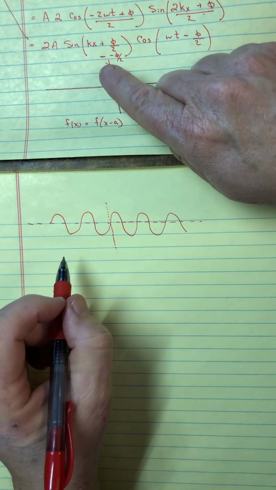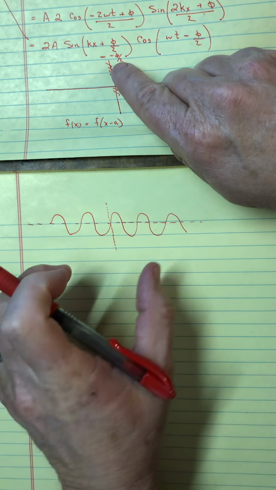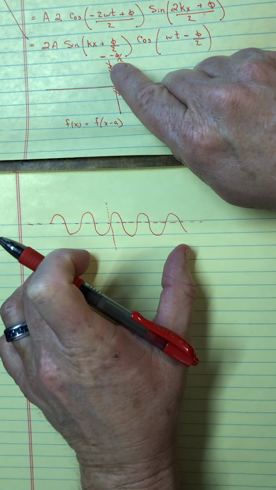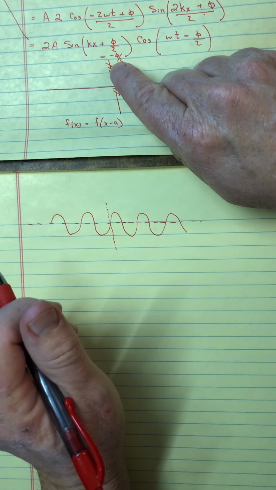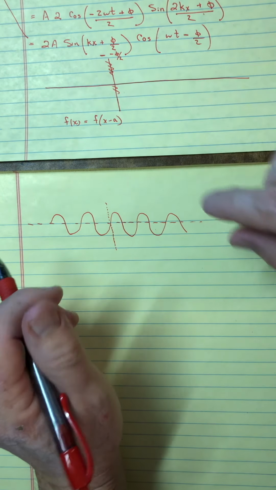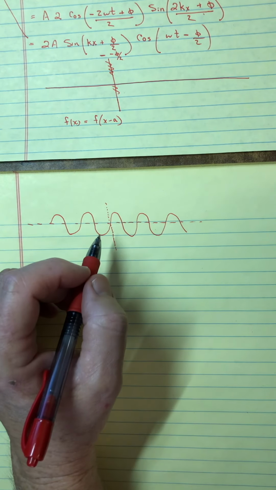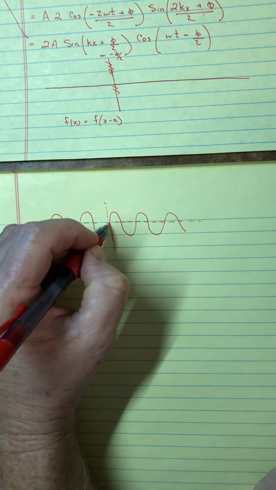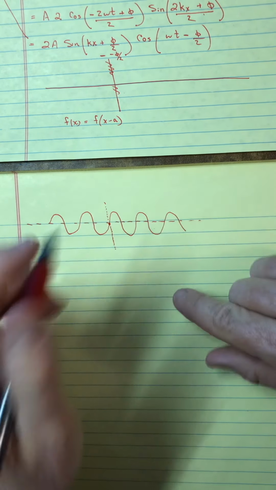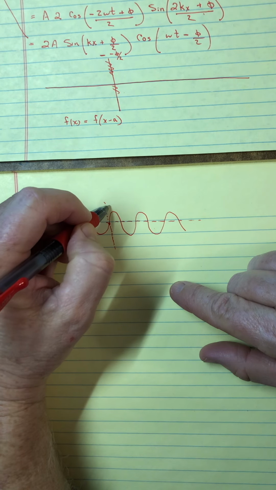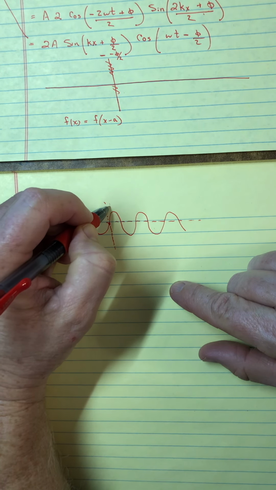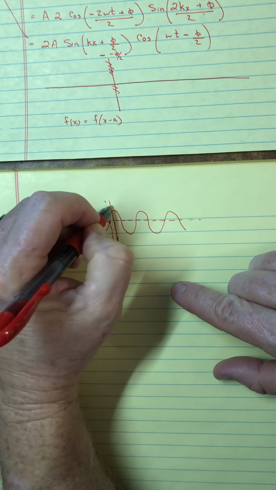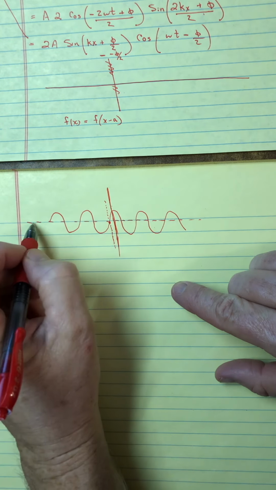And so this is saying you would shift the function by a negative phi over 2. So, see if I'm saying this right. If I were to shift the function that way, that essentially would make the origin, let me just put the origin here then.